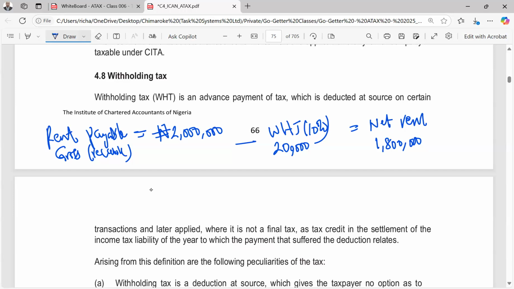Now, assuming this net rent is the only thing you receive in a year, this is also called your total profit. But let me not say this is your total profit. Let's say you now have commissions and other allowable expenses.